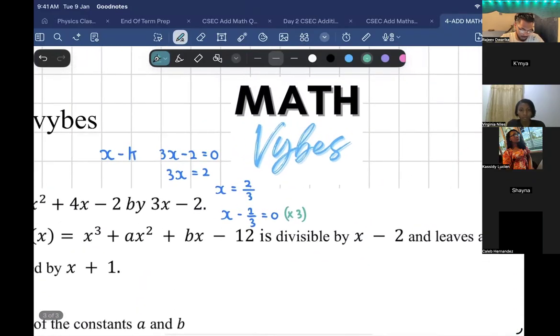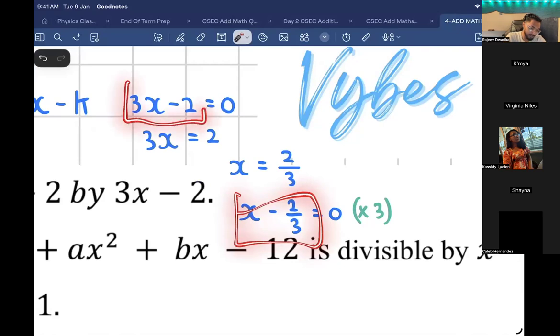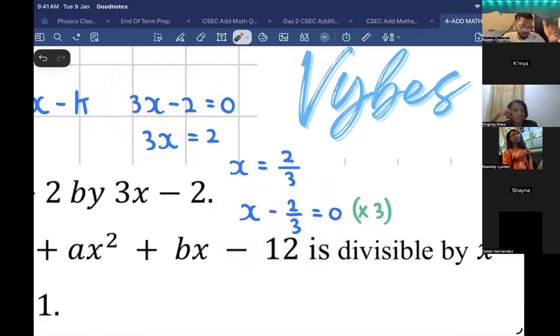It's interesting, because look at this. When you move across the 2 over 3, you're going to get x minus 2 thirds, but did you start off with that? No, it didn't start off with that. And so if you wanted to get back 3x minus 2, you'd actually have to multiply by 3.